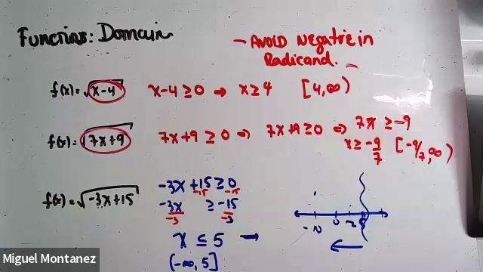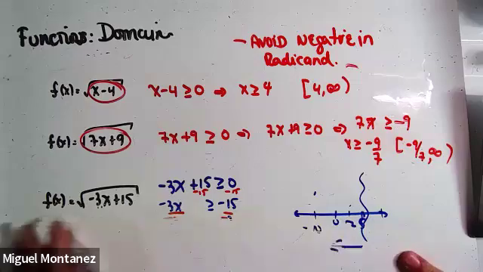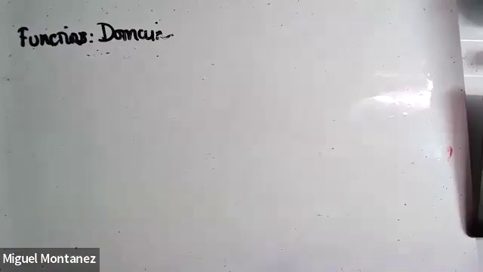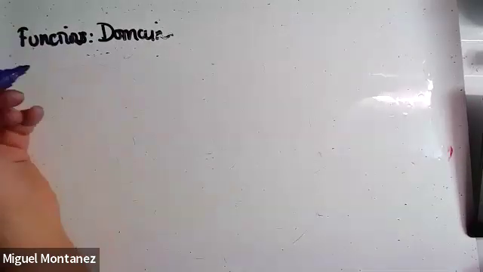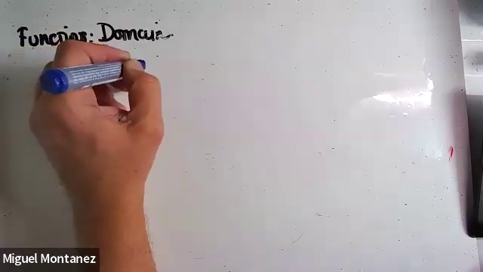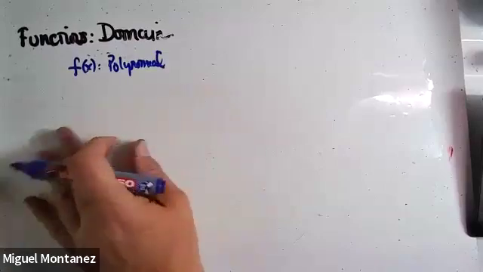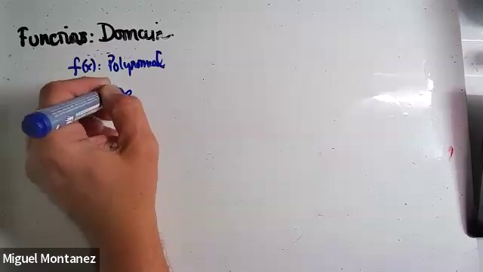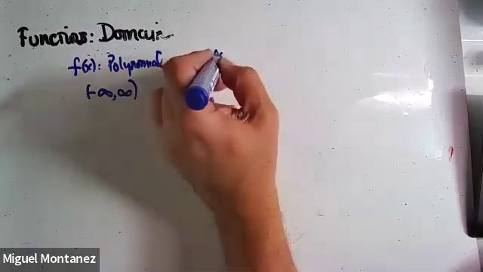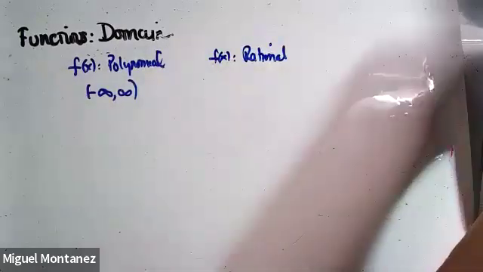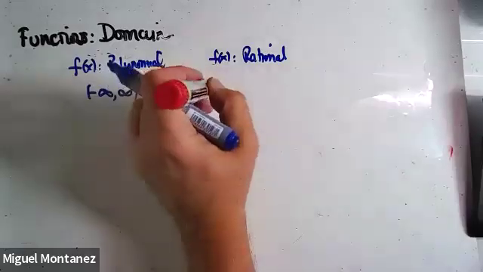So just to summarize, let me see if I can summarize without pausing this. For this chapter, we explored very quickly 3 types of functions, without calling them. If f of x is a polynomial, namely I don't have fractions, I don't have the square root, nothing, the domain would be real numbers. If the function f of x is rational, we need to avoid 0 in the denominator.